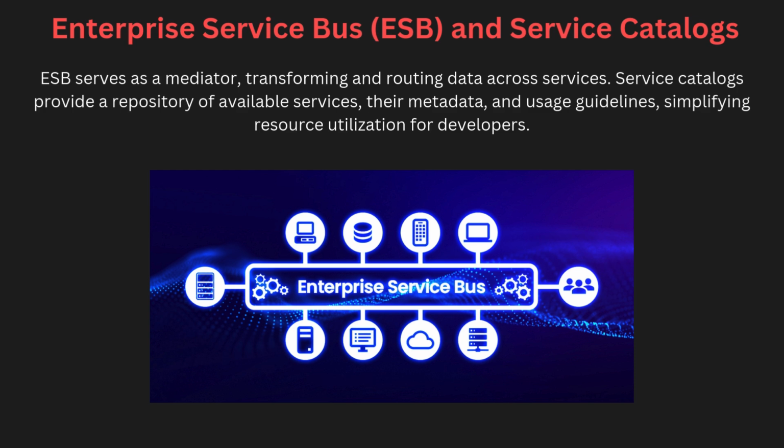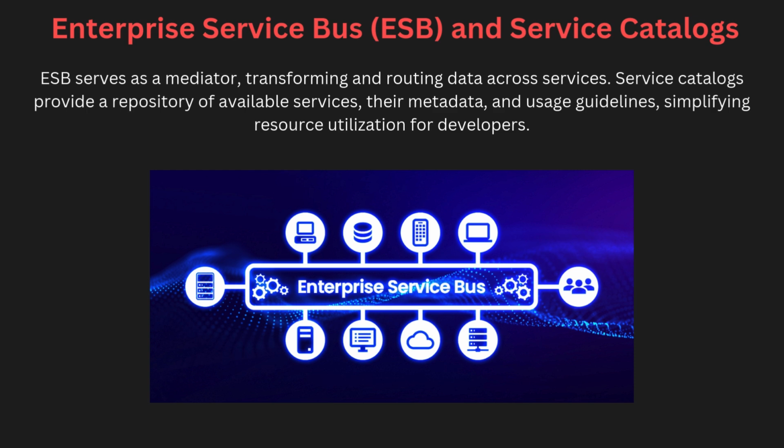Service catalogs, on the other hand, are repositories that document available services within an architecture. They provide metadata, usage guidelines, and performance metrics, enabling developers to utilize services effectively. Together, the ESB and service catalogs enhance system interoperability and streamline resource management, ensuring smooth operations in complex distributed systems.